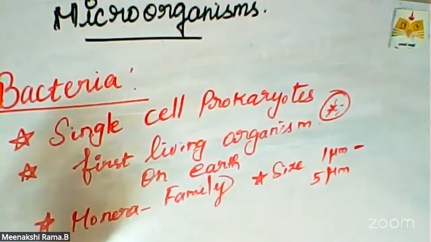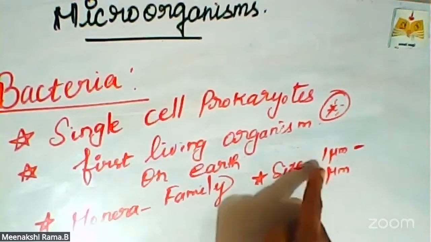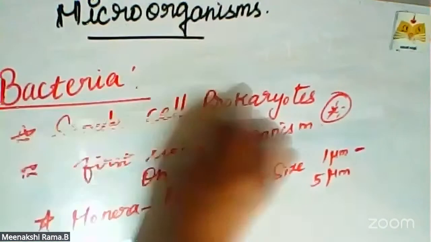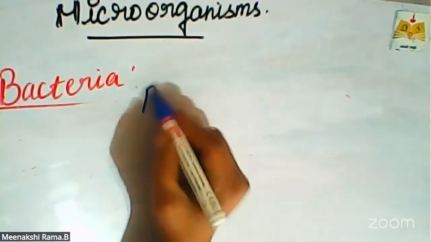They are considered to be the first living organism on earth. Bacteria are grouped under the kingdom of Monera. The size of the bacteria is 1 micrometer to 5 micrometer. Bacteria are divided into two types based on the respiration.